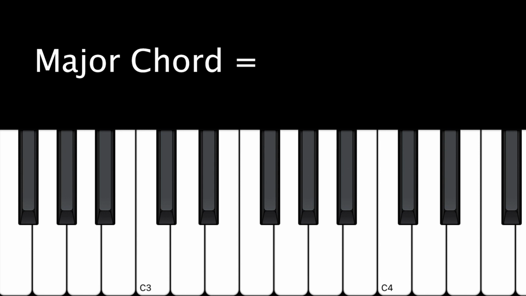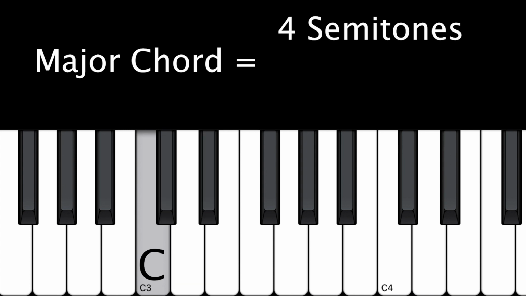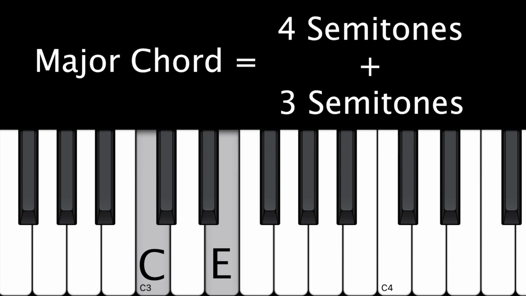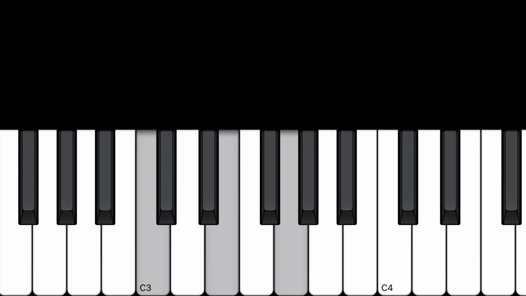If you want to make a major chord, so if you know what your first note is, so I know it's a C, and I know I want it to be a major chord, if you count up 4 semitones, 1, 2, 3, 4, and then another 3, 1, 2, 3, it gives us that major chord, okay? And that's what we're going to do. We're going to start on each note, and we're going to try and build a major chord on it and see what happens, okay?